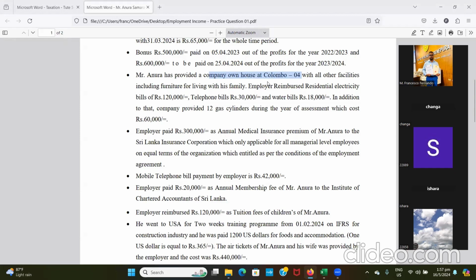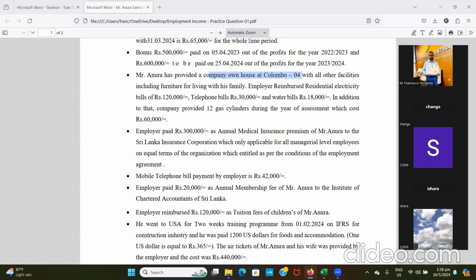That is not as per the tax laws, it's just a way of saying. Normally Colombo 4, Colombo 3, all the Colombo areas are rated areas. So for a rated area, the percentage is 12.5% of the salary.